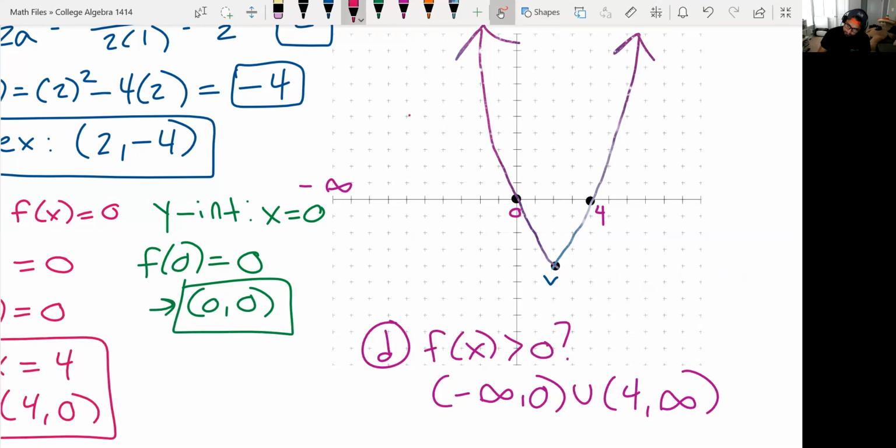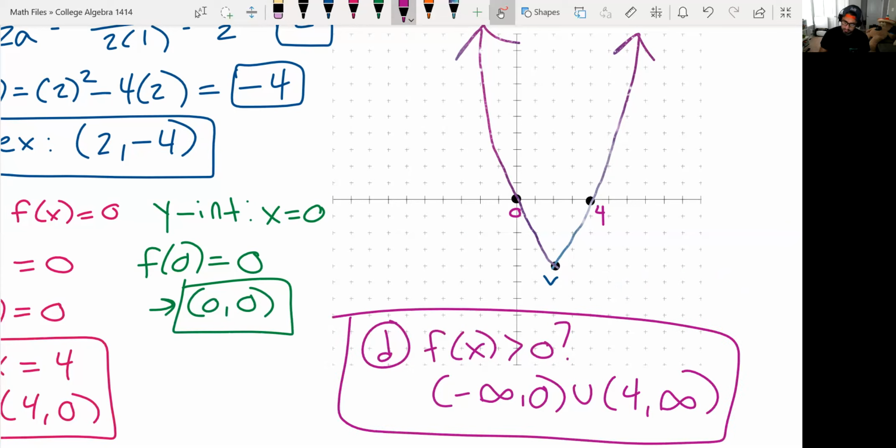There it is. Once again, all that information to answer that simple question. Where are we above, or below.